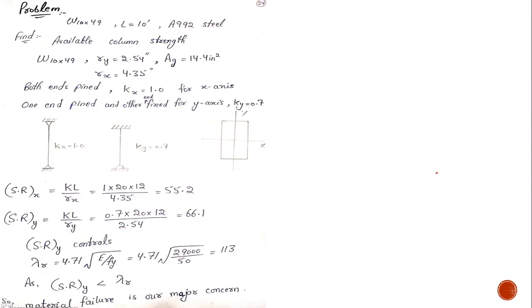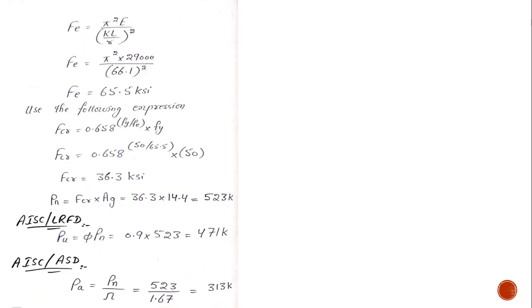F effective is very easy to calculate. This is F effective, and it has been derived from the same Euler's equation from the previous lecture. You can see where F effective comes from.